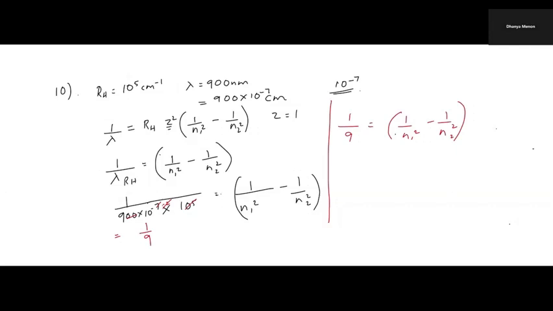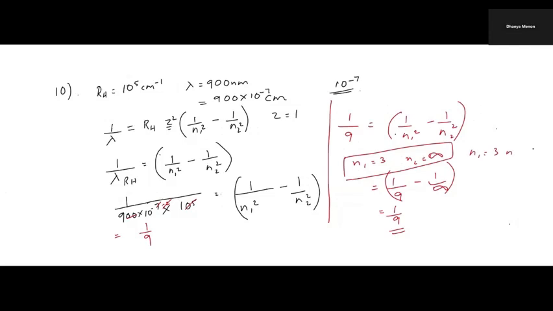Suppose I take n1 equal to 3 and n2 equal to infinity. You will get an idea from the options themselves. 1 by n1 square is 1 by 9, and 1 by infinity is 0, so you get 1 by 9. So when n1 is equal to 3 and n2 is equal to infinity, we get this value. The answer is the Paschen series.